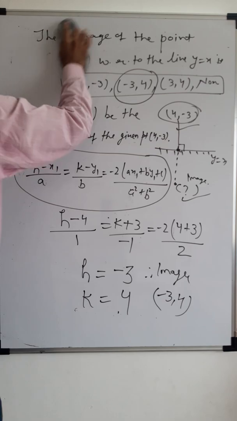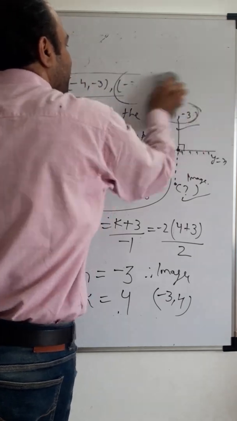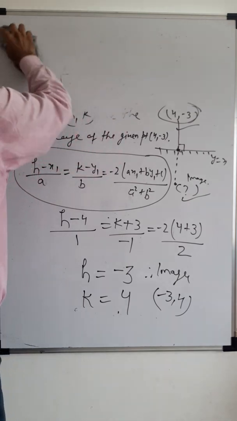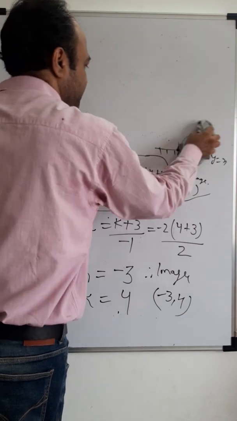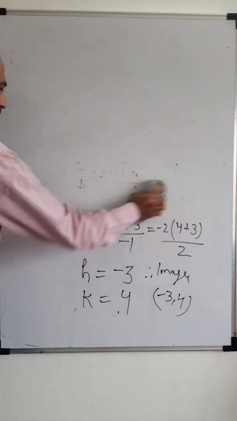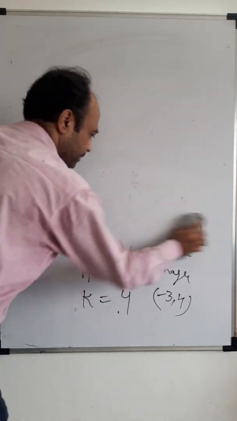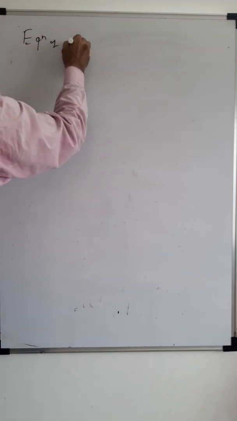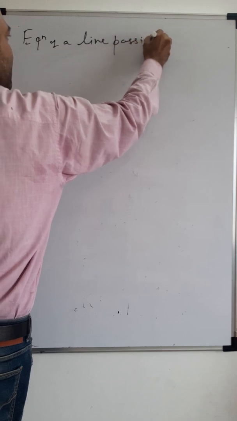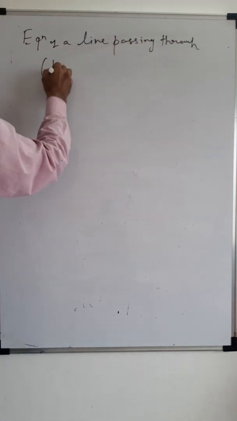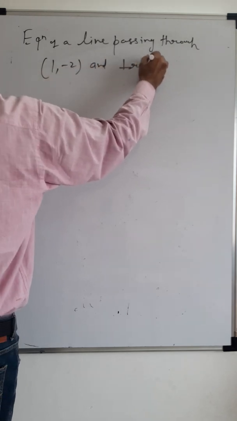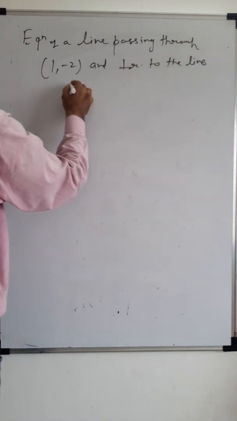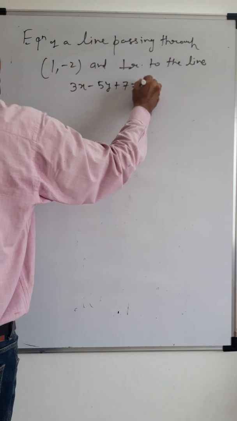Look at this. Be sure to practice the image problems before you go. Okay. Now look at this next situation. Equation of a line passing through (1, -2) and perpendicular to the line 3x minus 5y plus 7 equals 0 is.